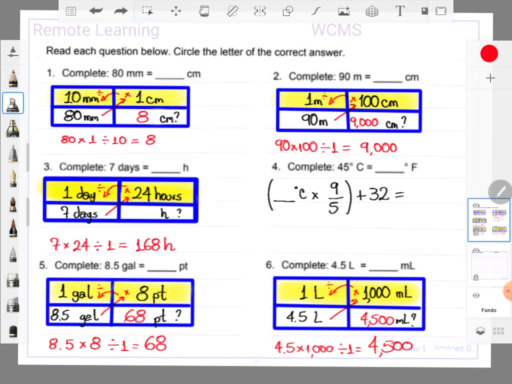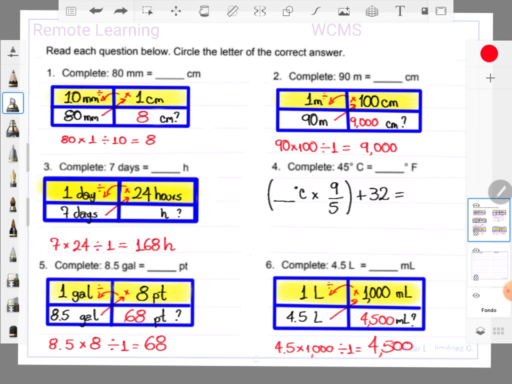Finally, for exercise number 4, we have a formula. We are going to use the number 45 and multiply it by 9/5 and then add 32 degrees. This is a formula that lets us find the Fahrenheit degrees if we have the Celsius degrees.